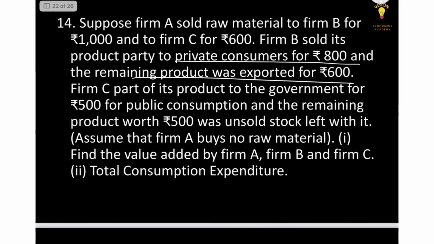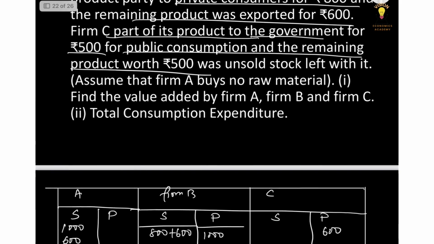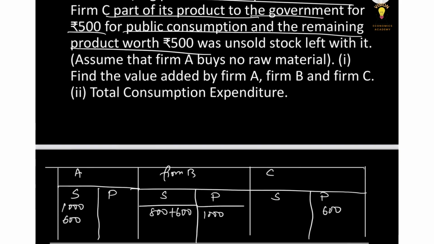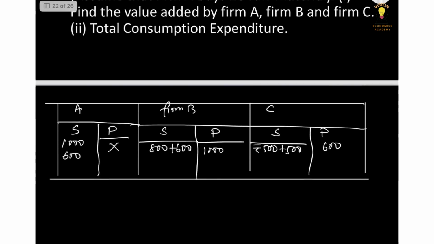Then firm C, part of its product it sells to the government for 500 for public consumption, and the remaining product worth 500 was left unsold. That is again counted in this year only. So C sold part of it, worth rupees 500, to the government, and 500 worth of goods remained unsold. Assume that firm A buys no raw materials. So firm A is buying no raw materials, right?